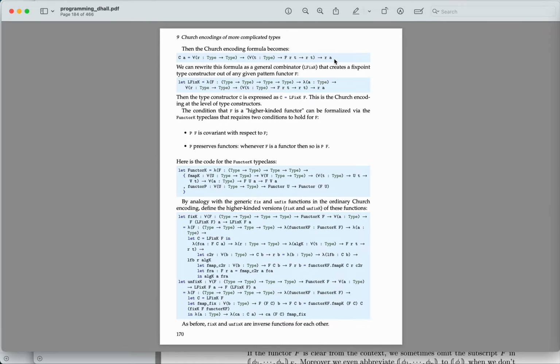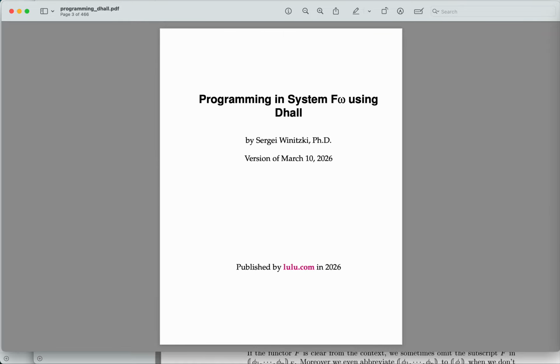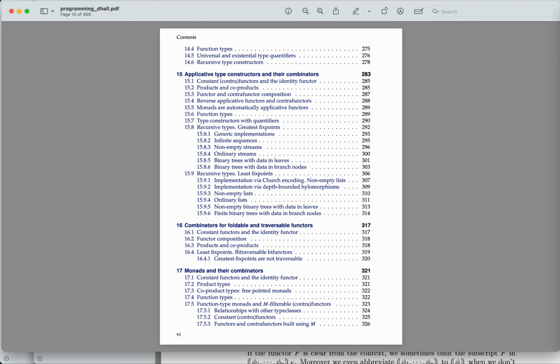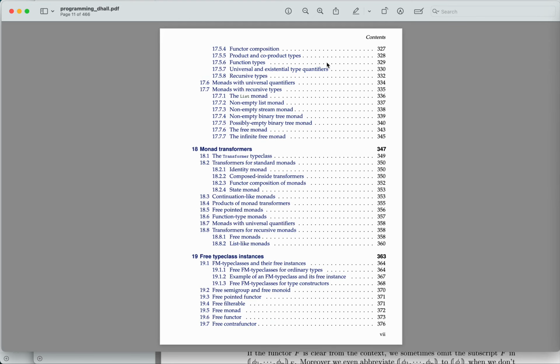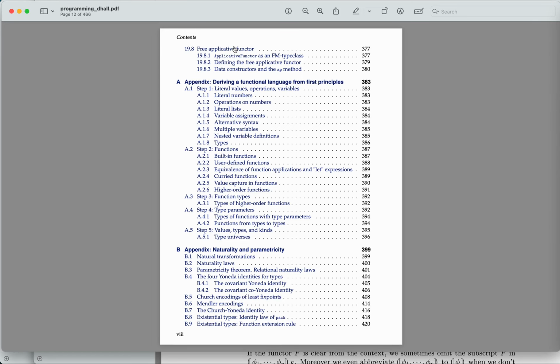And another interesting example that I found is the free applicative functor. So I went through all the free type class instances, and most of them are reasonably simple, except for the free applicative functor. That's very complicated. It requires GADTs, existential types, it requires higher-kinded Church encoding, everything.